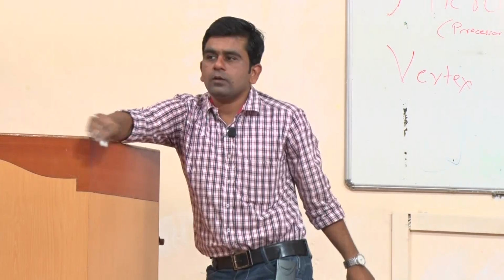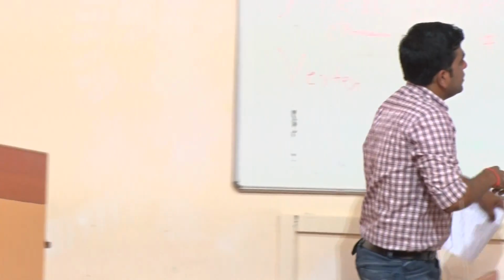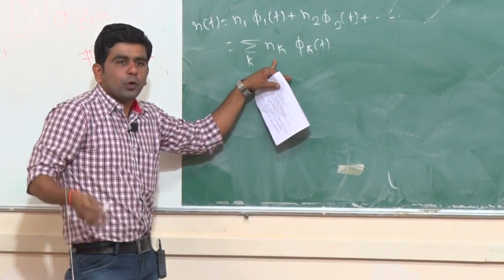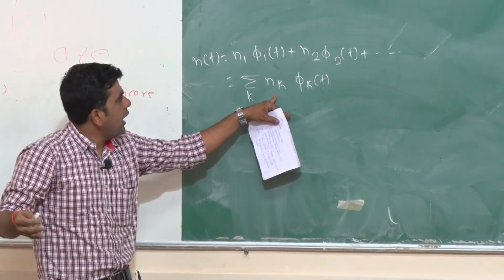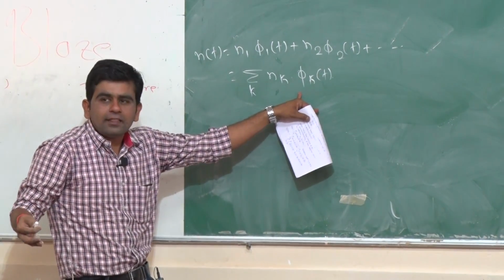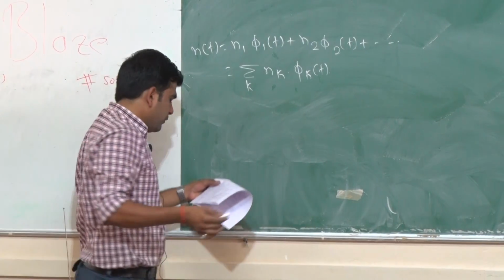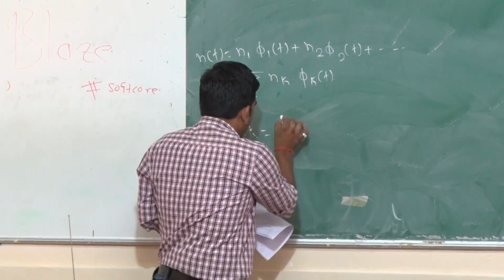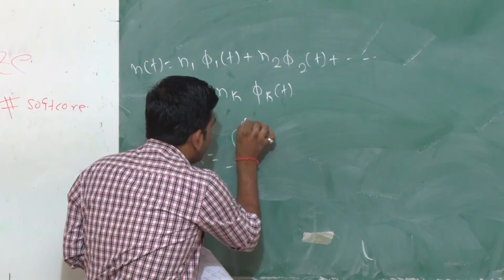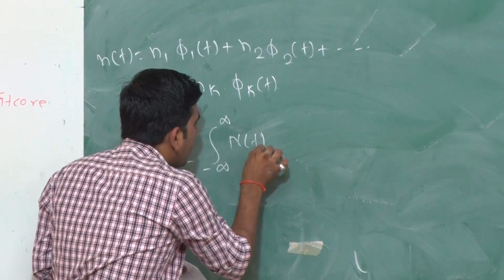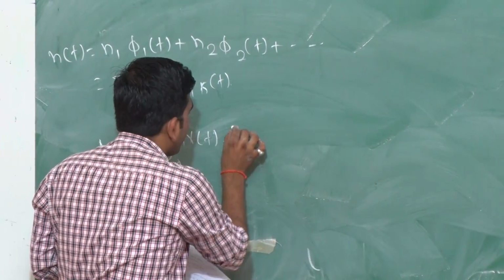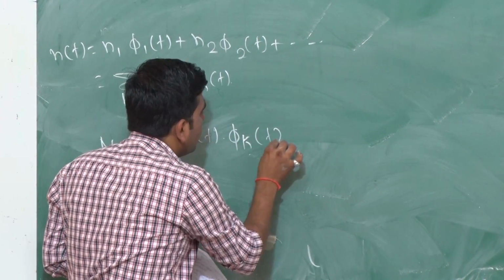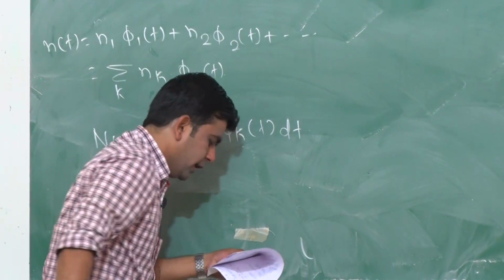Here nk is nothing but the projection of white noise n of t on the kth basis function. So we get nk equal to the integration from minus infinity to infinity of n of t into phi k of t dt.